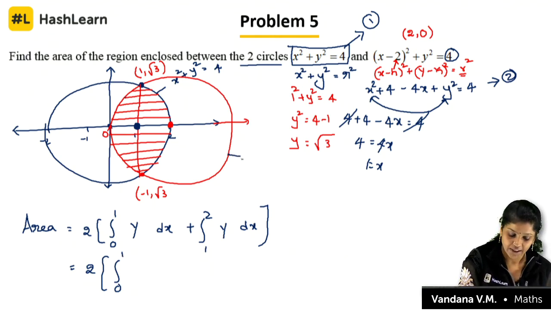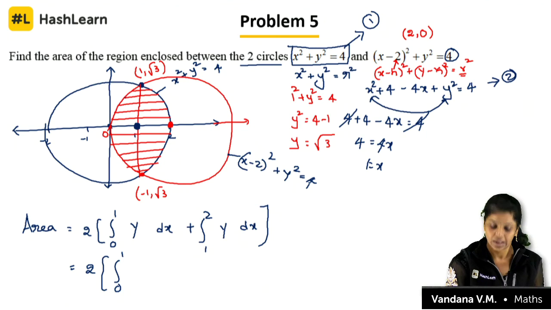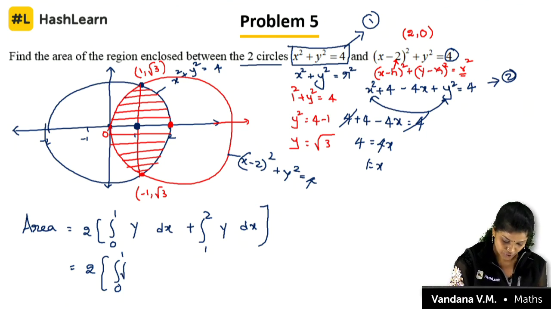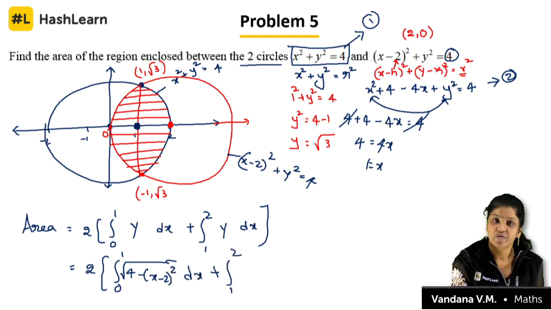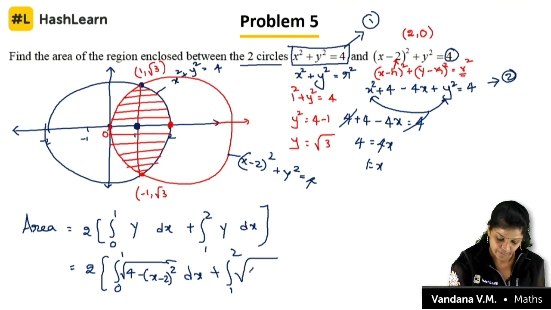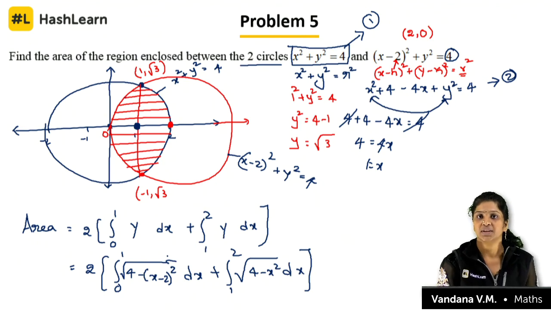This one. x minus 2 whole square plus y square is equal to 4, that circle. So, if you substitute, you have to get root of 4 minus (x minus 2) whole square into dx. Integral 1 to 2, which is the blue color one, it is also so simple, root of 4 minus x square into dx. We know the integral of root a square minus x square, we know that formula, right?